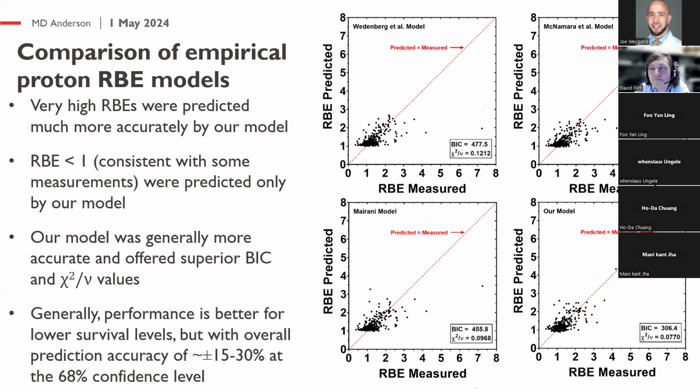So that's a nice feature of our model. But that being said, the performance of these models generally isn't great. It's on the order of 15 to 30% accuracy. And when you're considering that the RBE is pretty close to 1.1 to begin with, it's not obvious how useful this actually is.